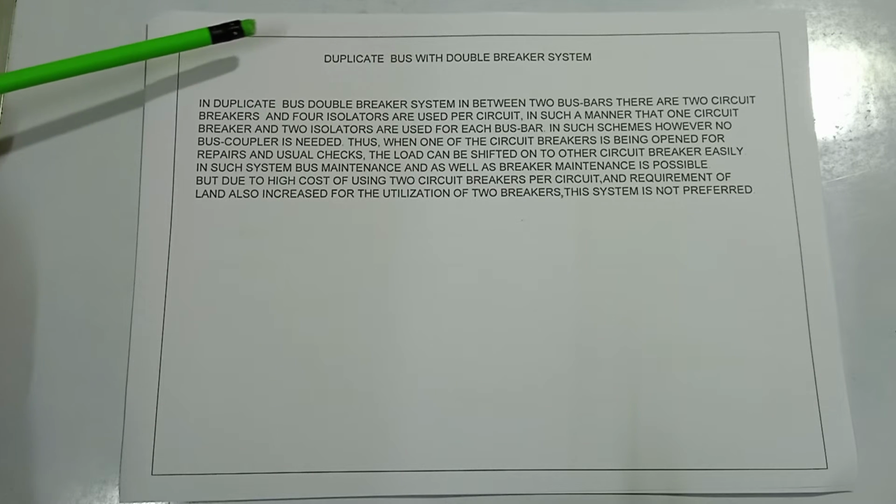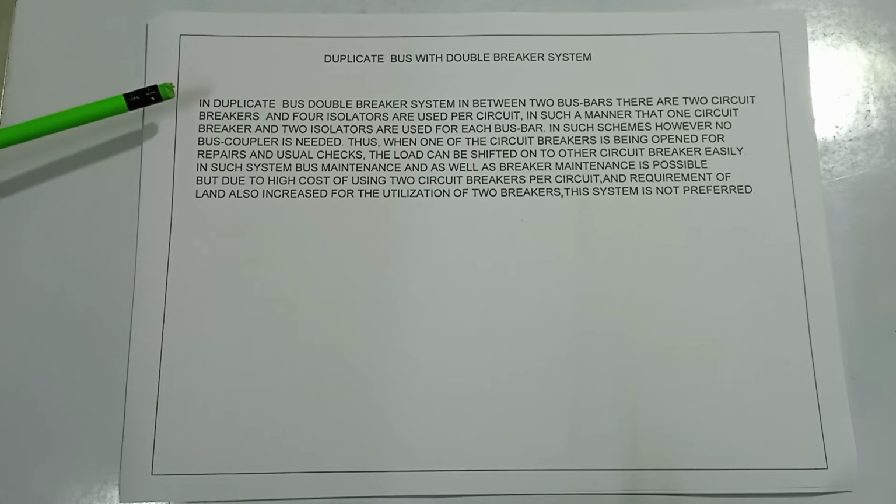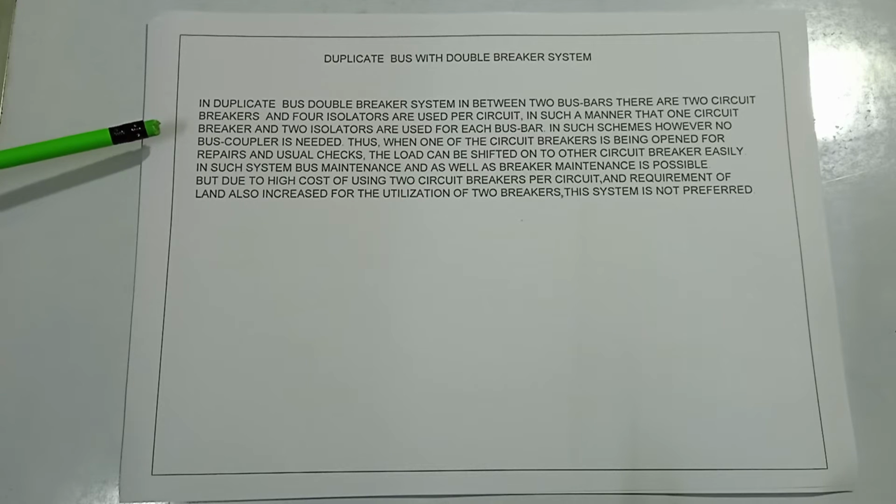Duplicate bus with double breaker system. In duplicate bus double breaker system, in between two bus bars there are two circuit breakers and four isolators used per circuit in such a manner that one circuit breaker and two isolators are used for each bus bar. In such schemes, however, no bus coupler is needed.